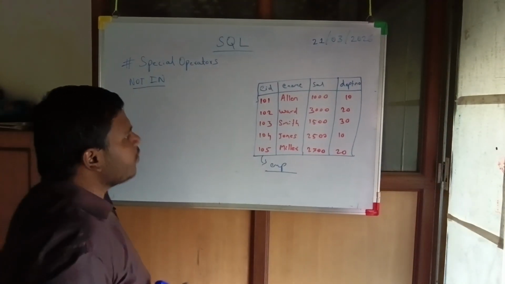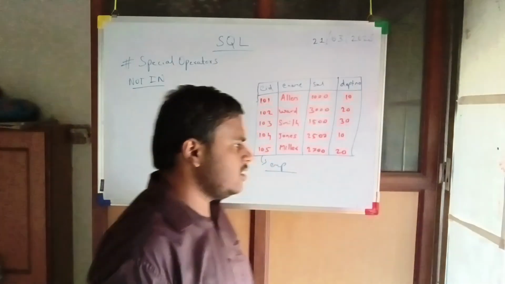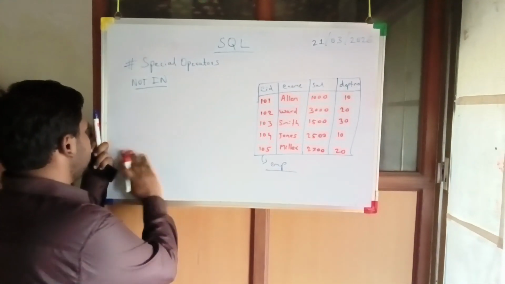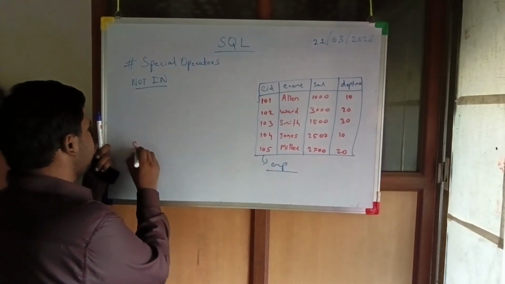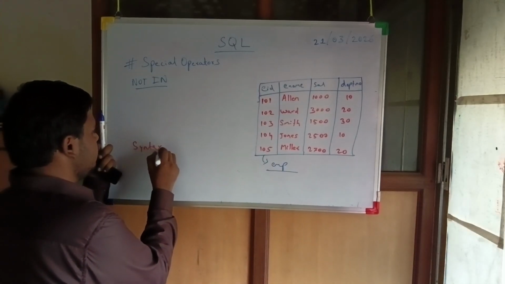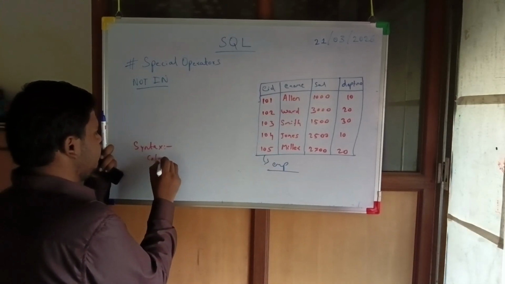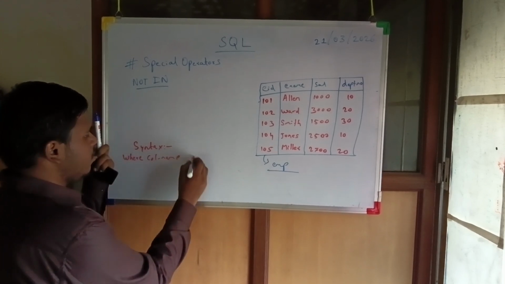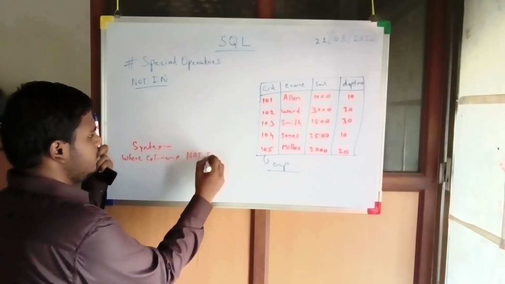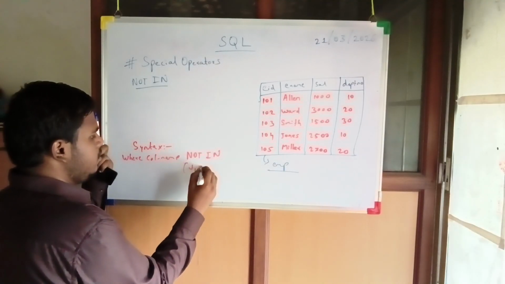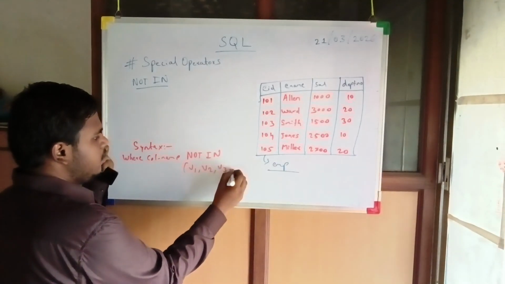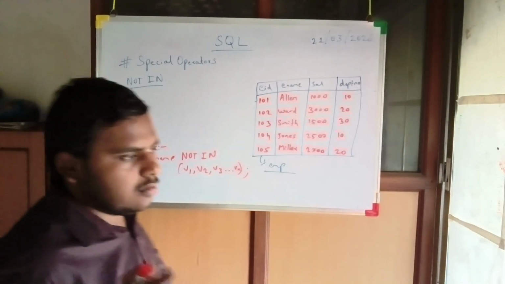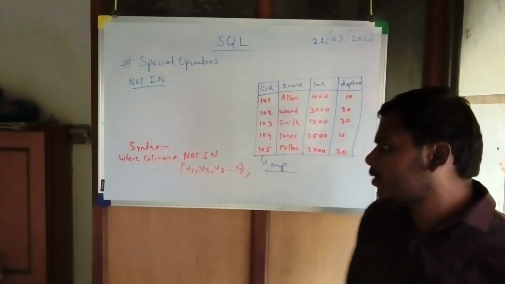The syntax is the same first of all: WHERE column name NOT IN (v1, v2, v3, ...), n number of values might be there. The syntax is the same as the IN operator, just write NOT before IN.